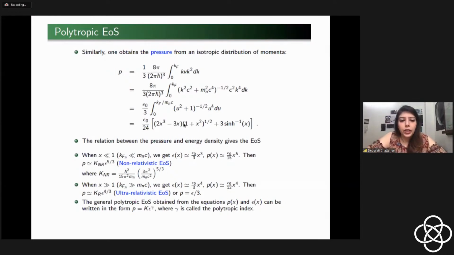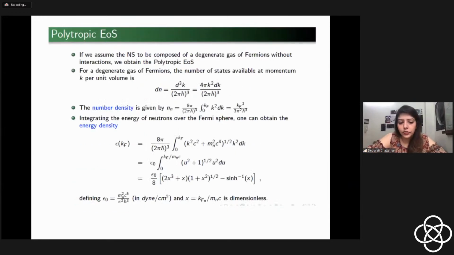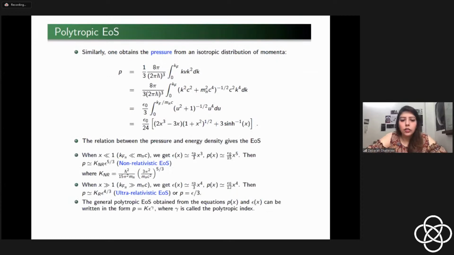So if you calculate these integrals, you can see from some simple math that x here was defined as this dimensionless quantity k_F, the Fermi momentum, divided by mc, where mc is the rest mass of the nucleon. So neutron is, for example, or electron.